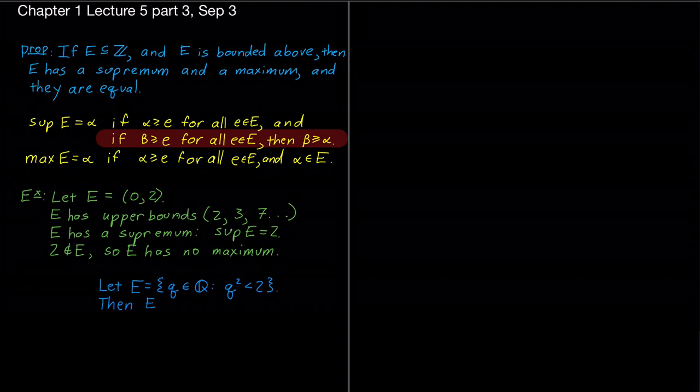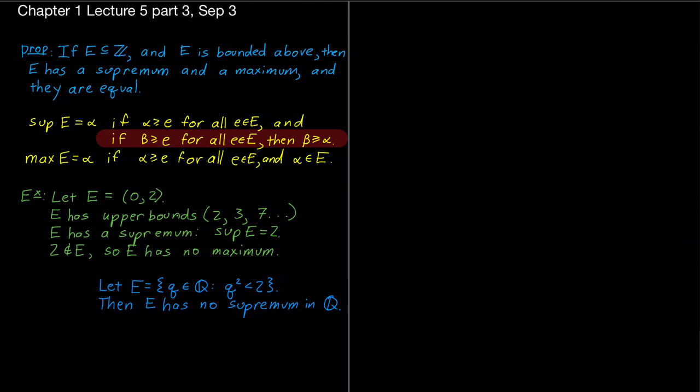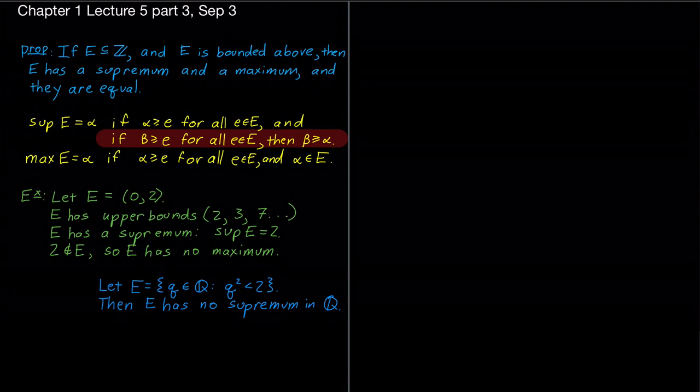Then E has no supremum in Q. So this is a set of rational numbers, and if all you've got in your life is the rational numbers, you don't have a supremum. In fact, this is a proposition in your book. It is proposition 1.2.9, and the proof is an exercise.